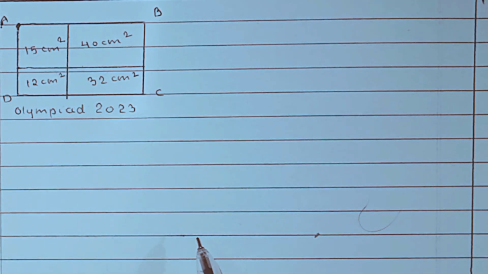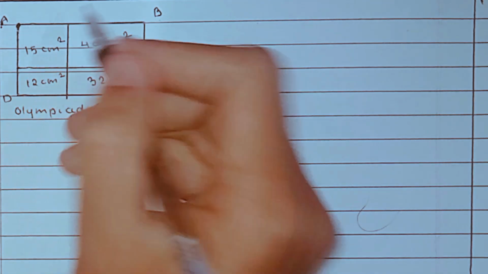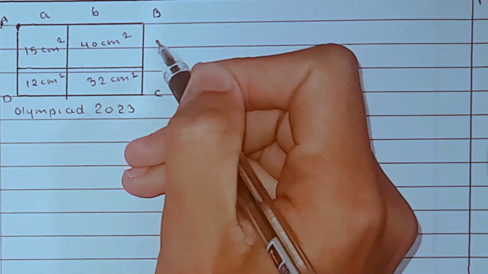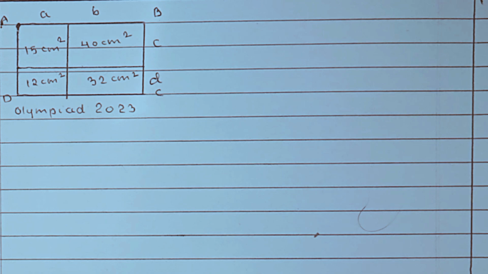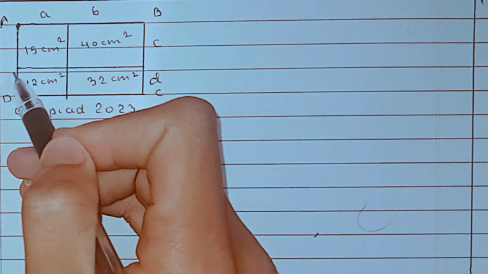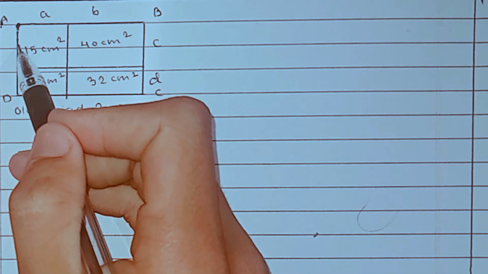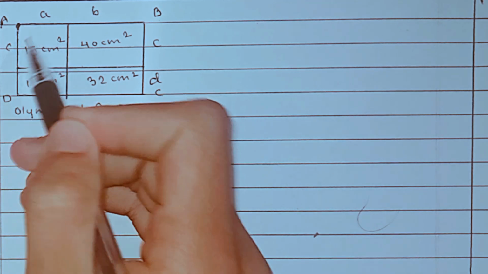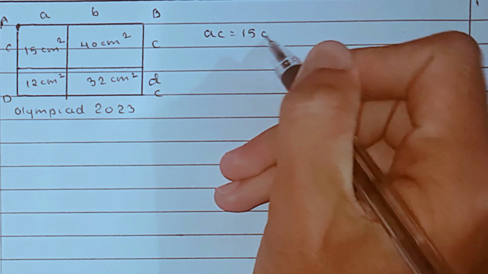To find the perimeter, let's give the sides names. Let's assume this segment to be A, this segment to be B, this segment to be C, and finally the last segment to be D. Now we will use some equations to find the values of A, B, C, and D. First, this rectangle has a length of A units and its breadth will be C. So the area is AC equals 15 cm square.